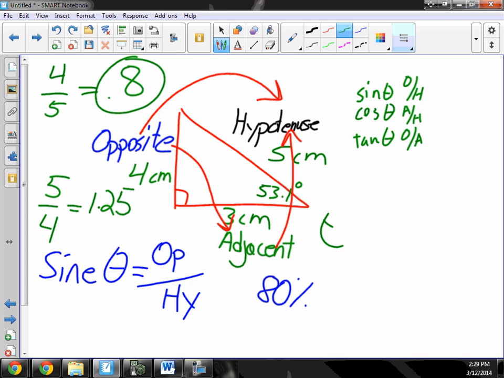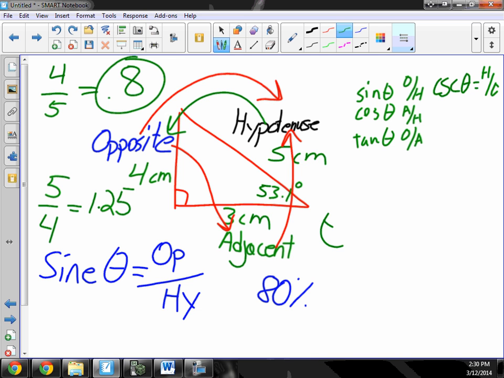What is the reciprocal of sine? So instead of doing opposite to hypotenuse, we do hypotenuse to opposite. That is the cosecant of theta, which is H over O. That you might want to write down. It might even be a good idea to program that in your calculator.